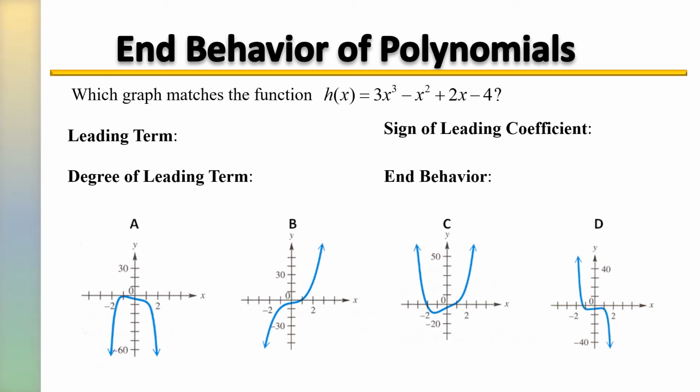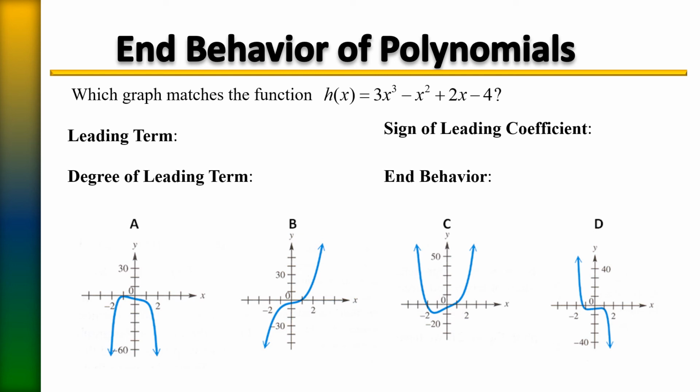In this example, we're asked which graph matches the function h of x equals 3x cubed minus x squared plus 2x minus 4. Before we identify the graph, let's look at certain characteristics of this function. We're asked what is the leading term. Of course, you look at all of your terms to see which term has the highest degree.